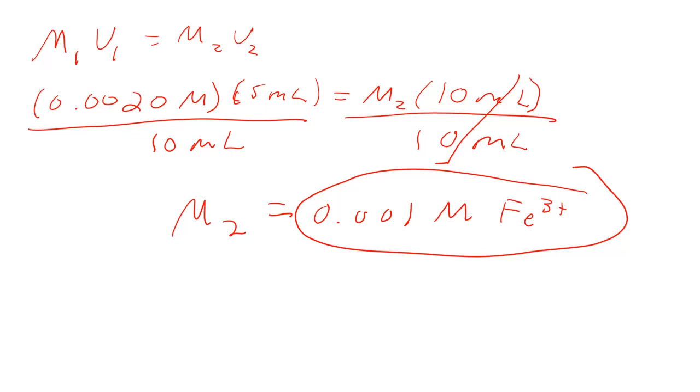Now in step 3, you have to calculate the initial concentration of SCN negative. Again, that was for iron. For SCN negative, we're again going to take our M1V1 equals M2V2.